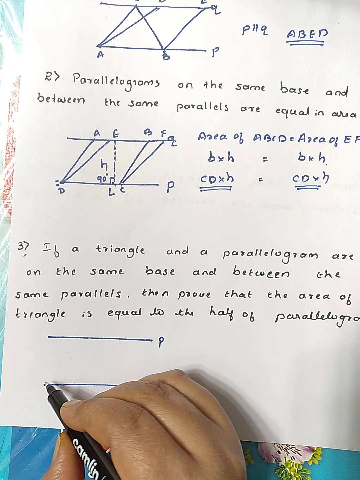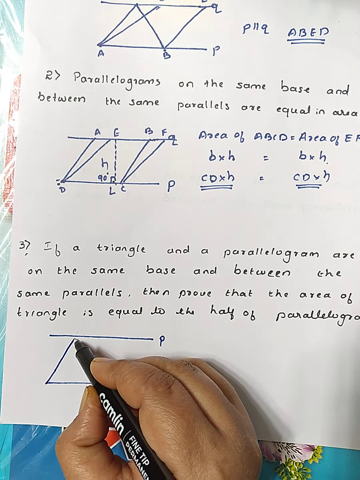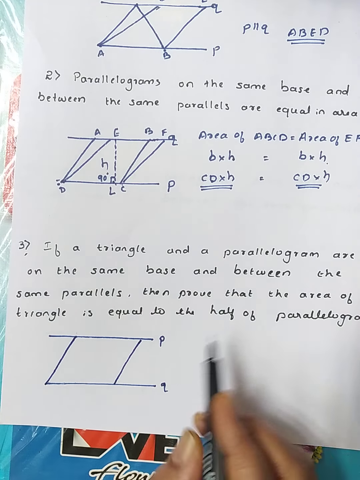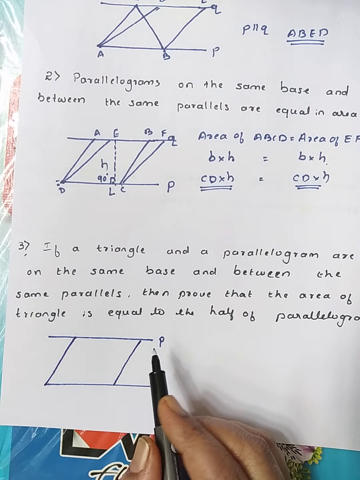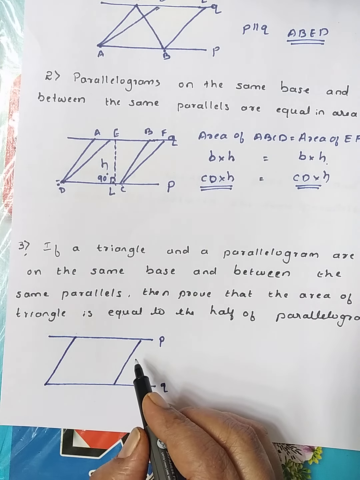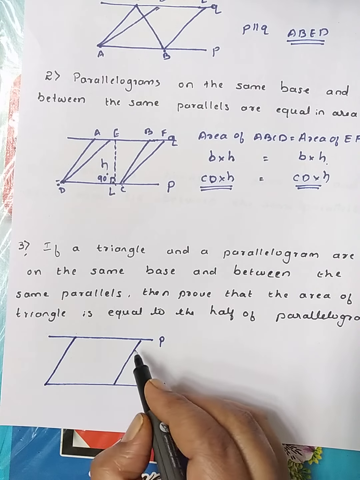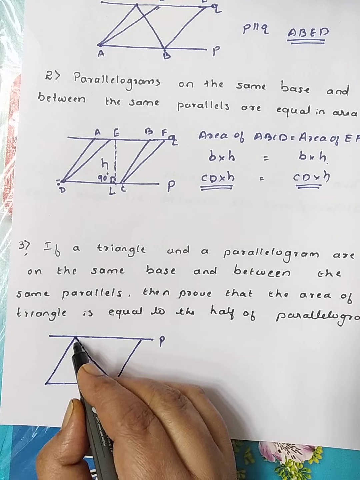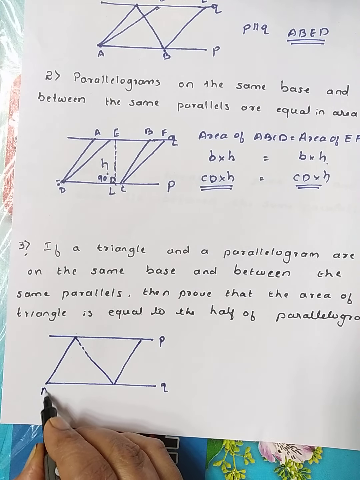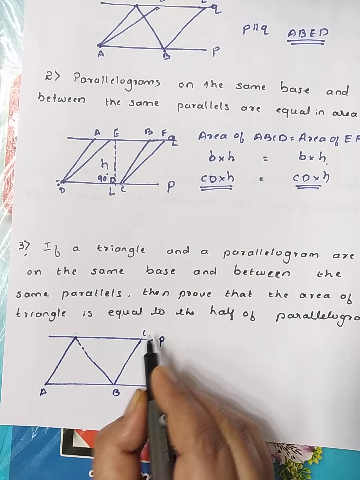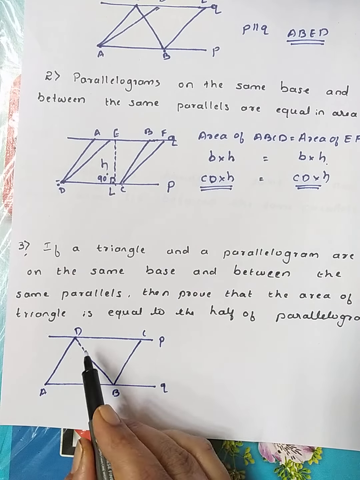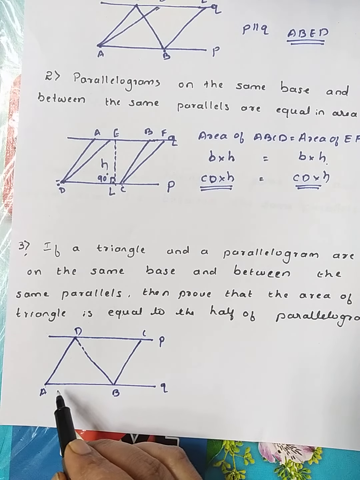Suppose we draw a parallelogram here, and another one is a triangle, that is A, B, C, D. ABCD is a parallelogram and ABD is a triangle.